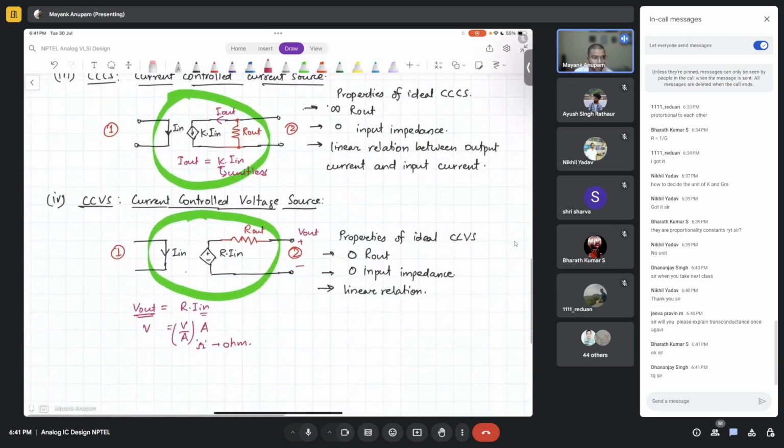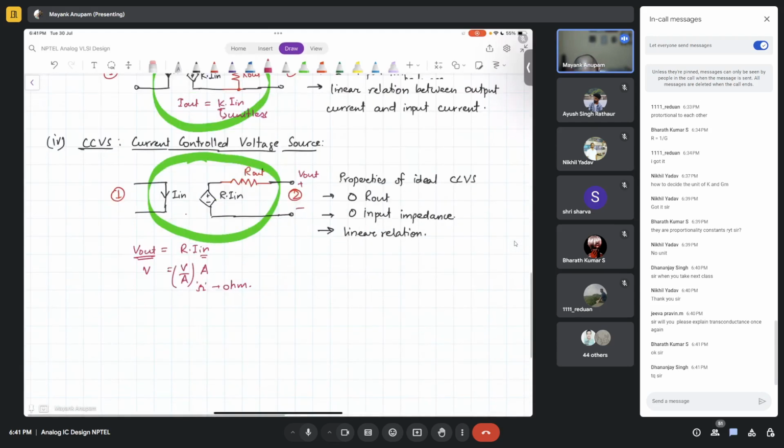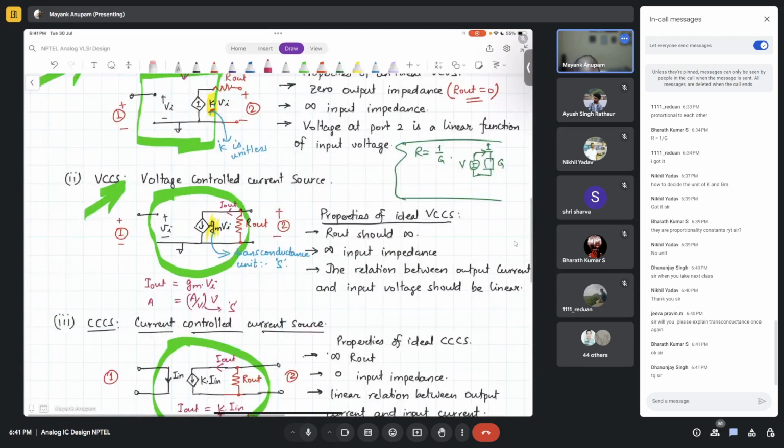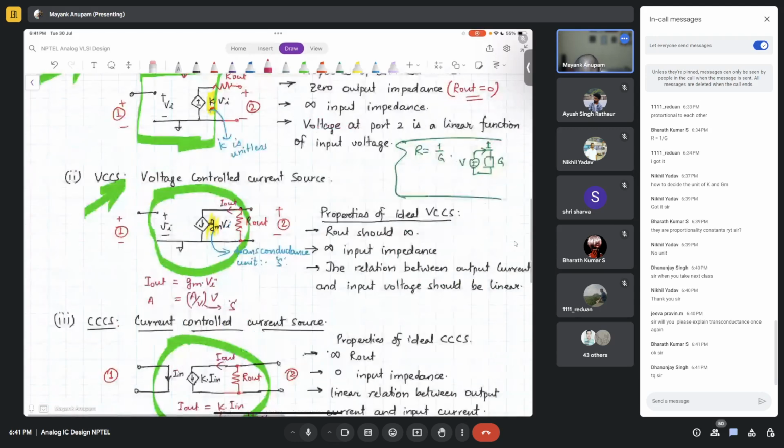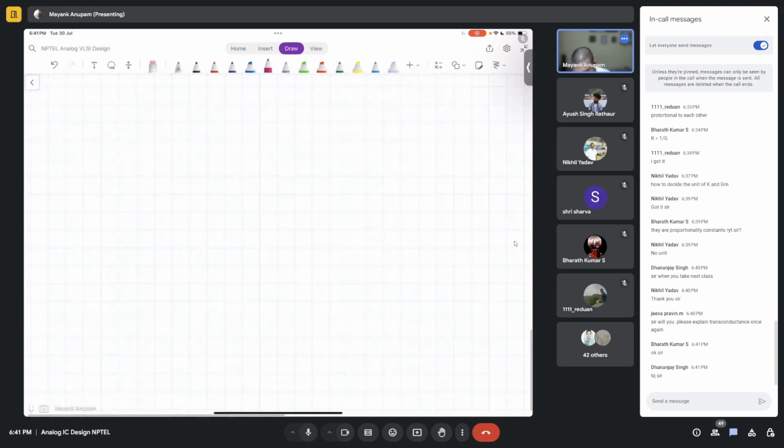Yes. So Jiva, you have asked me how to explain transconductance once again. It will be better if I explain it here. What is a conductance?